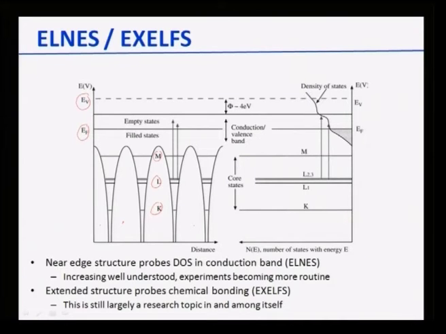Up to the Fermi level the states are filled, and above that you have empty states and the valence band. So in ELS what happens is you can have an incident electron with sufficiently high energy, it can eject one of the electrons from the M, L, K shells, and they can then move into these empty states, and if they have even higher energy they can even move into the valence bands also.